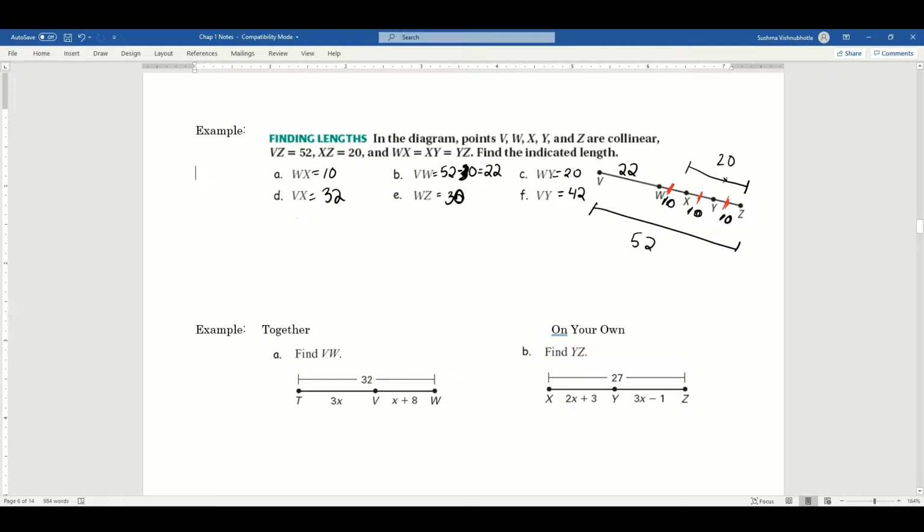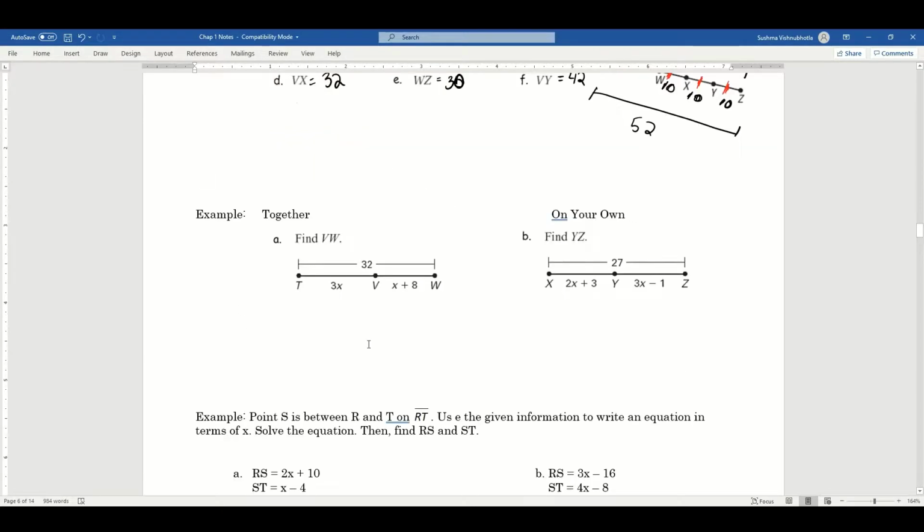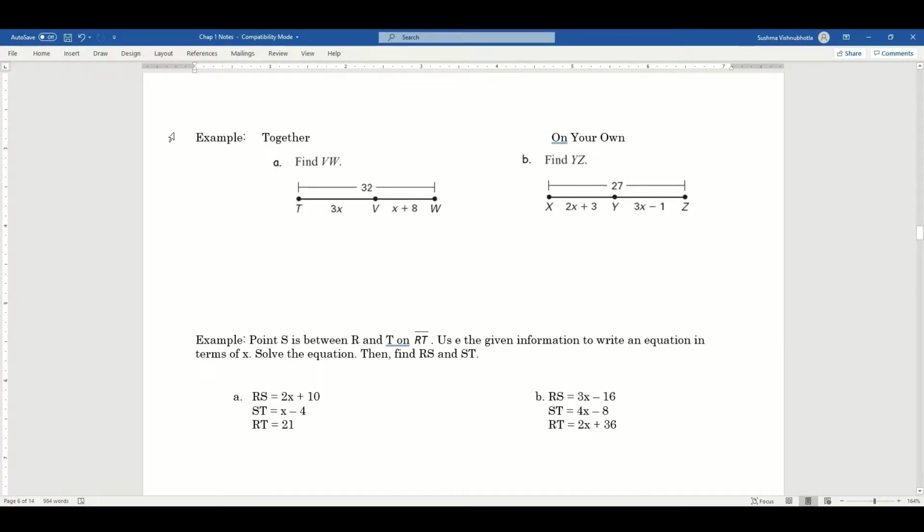Okay. Now the second to last example has to do with the same idea. So we're using the segment addition postulate, but now we have some algebra here. So you want to find VW, but first we need to find x.